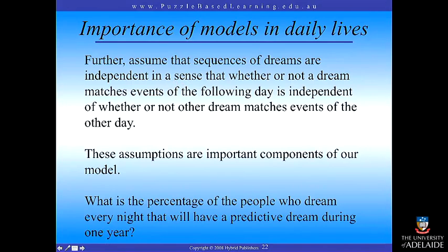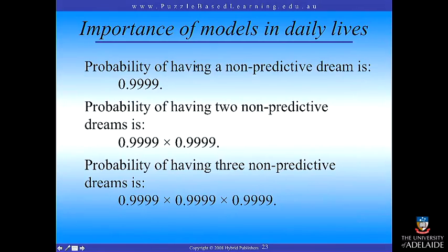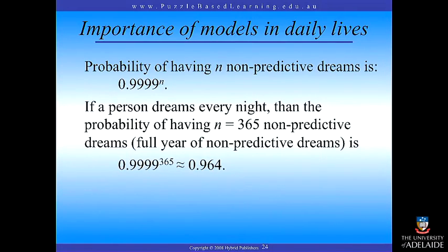So what is the percentage of people who dream every night that will have a predictive dream during 1 year? The probability of having a non-predictive dream is 0.9999. The probability of having 2 non-predictive dreams is 0.9999 squared, then 0.9999 cubed. Because this number is smaller than 1, what happens when I multiply it together many, many times? You go to 0, right? So it will be very, very small. Let's say n is equal to 365.